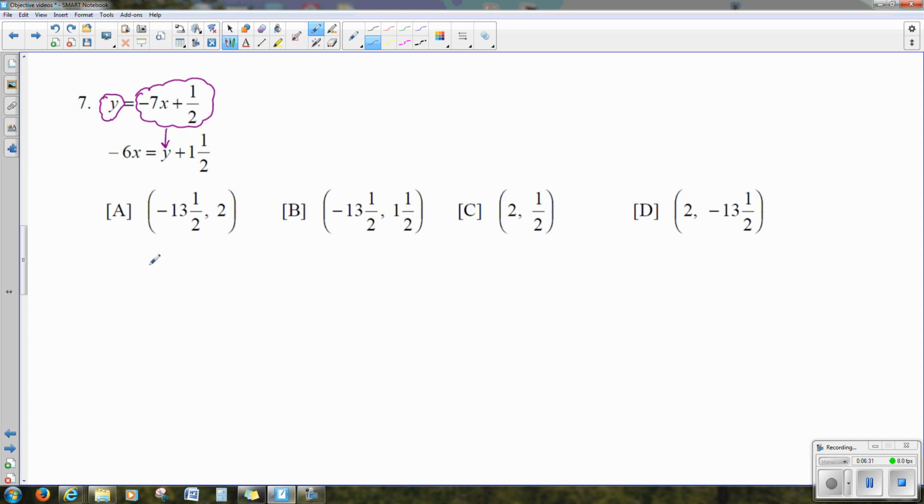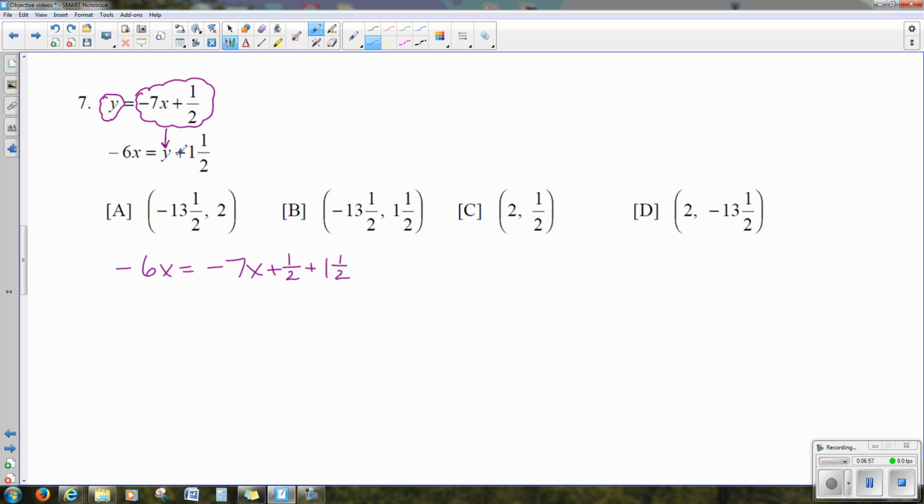I'm going to rewrite the second equation: negative 6x equals y, which is negative 7x plus 1/2. I'm sorry, plus 1/2. All of that was y. And I'm going to add 1/2.